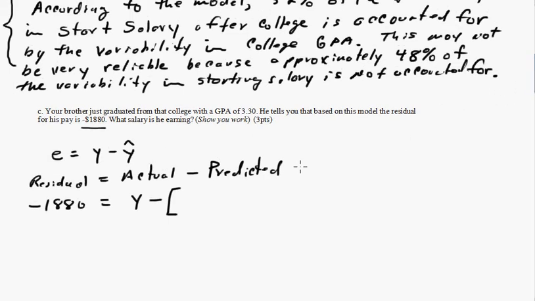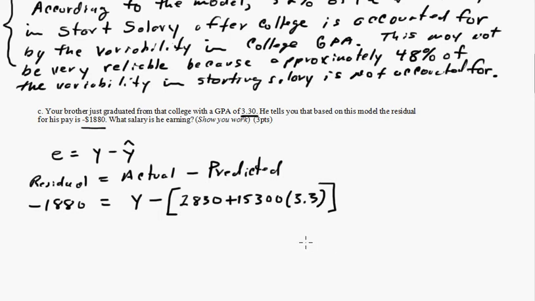The model was 2830 plus 15300 times the GPA. We were told the GPA was 3.3, so we plug that in.